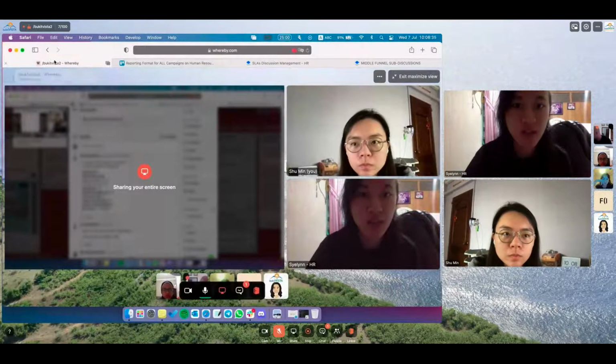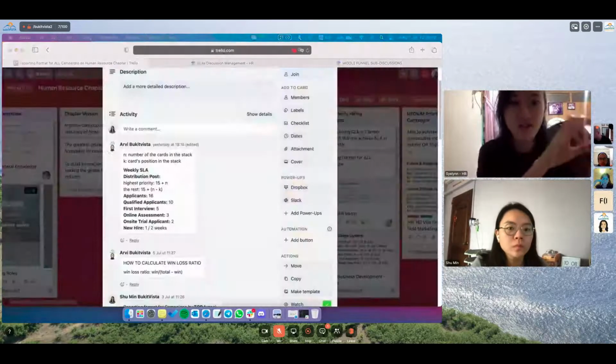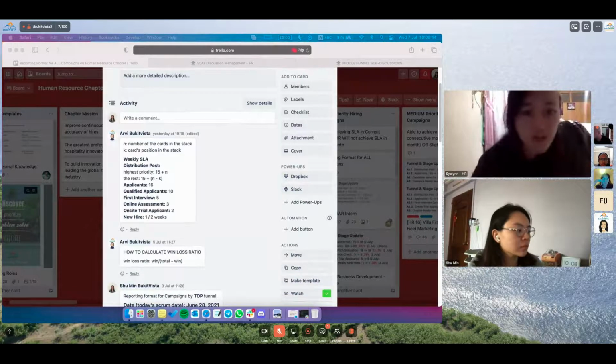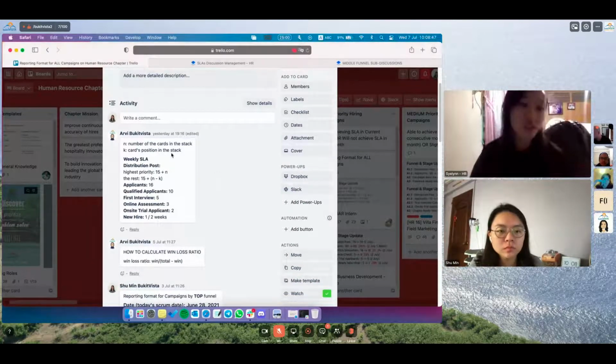I believe it's also updated in the cards. There's this description card within the priority campaigns, and you can see it over there in the comments.